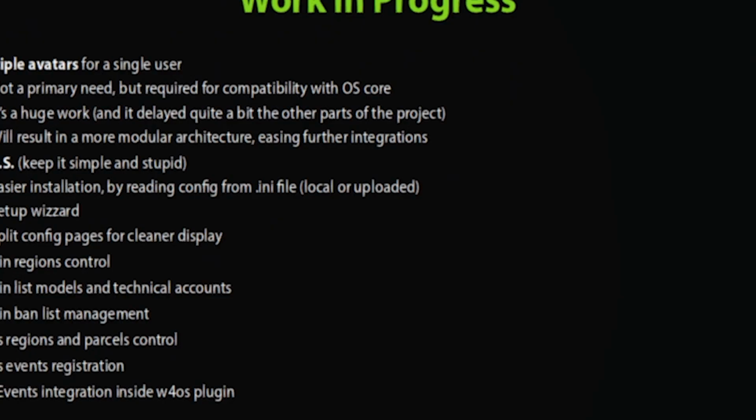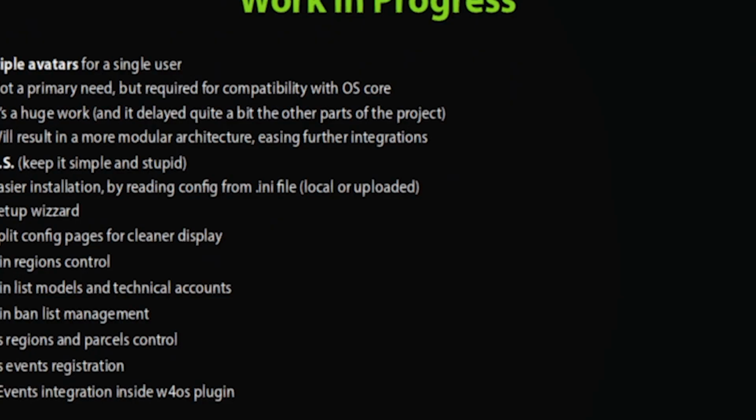After that, several exciting new features will be added, like what I call KISS. Keep it simple and stupid. I am not the only one to say that, but it's a globally good philosophy in programming. So an easier installation process.